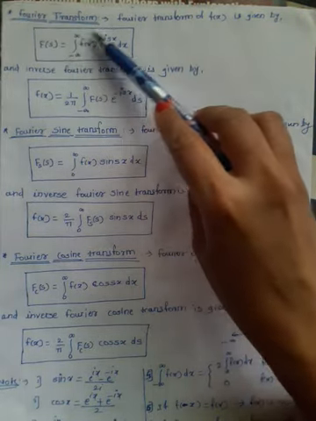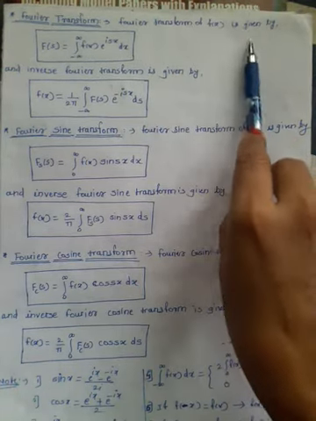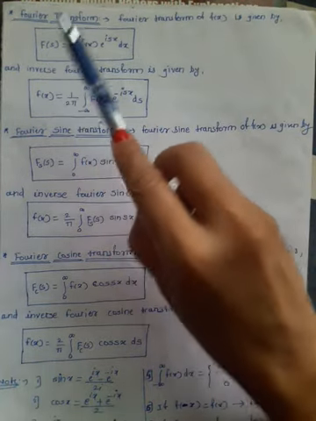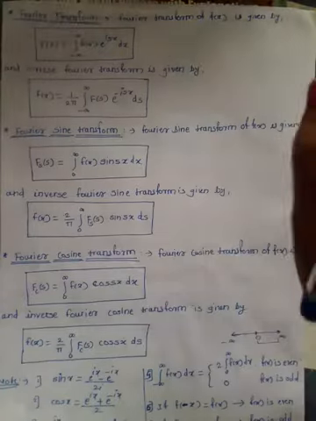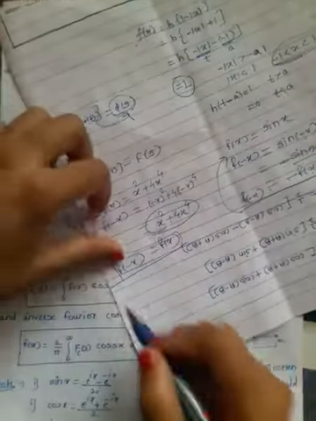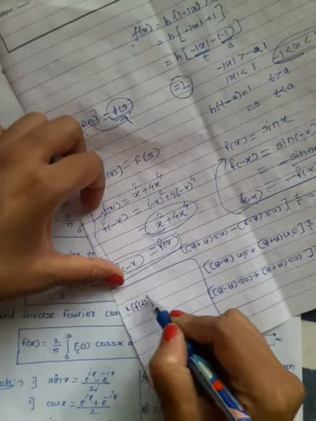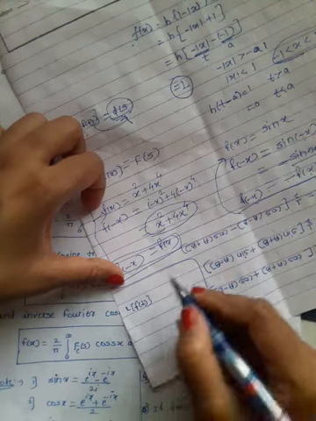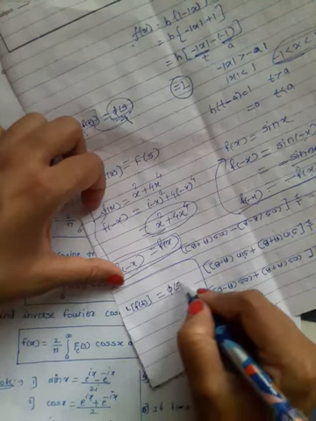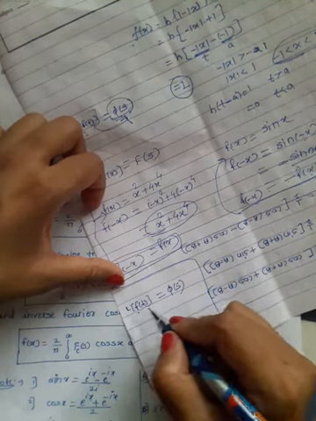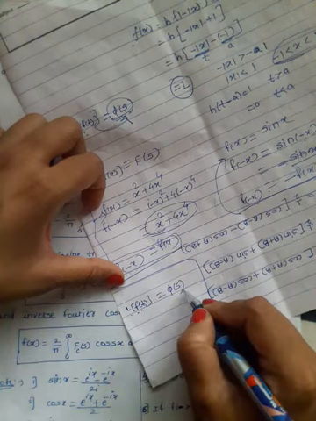The Fourier transform of any function f(x) is given by F(s). For example, the Laplace transform of f(t) we write as L of f(t). Sometimes we call it φ(s), because the answer for the Laplace transform of f(t) is in terms of s.